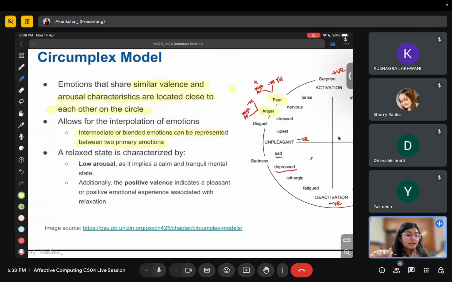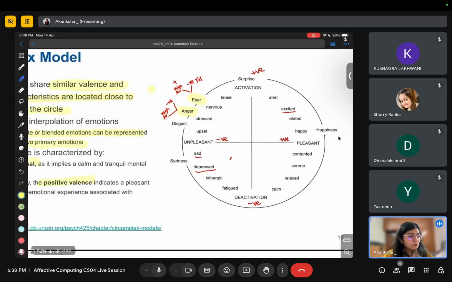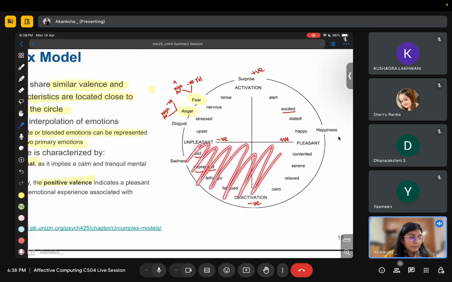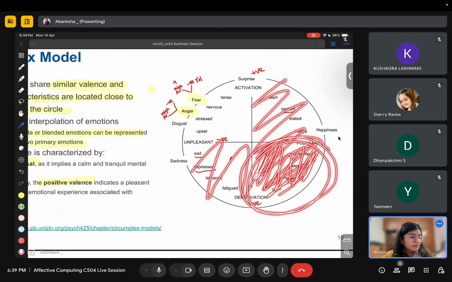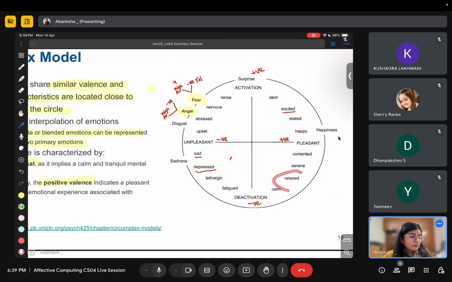Okay, then a relaxed state, let's say for example we have low arousal and positive valence. Just to give an example, this area represents low arousal, and relaxation is positive. So what is the common area? This quadrant. So relaxation lies in this quadrant. That is how we determine.